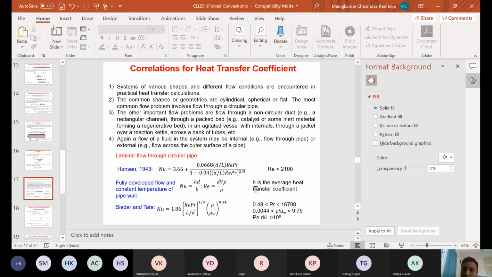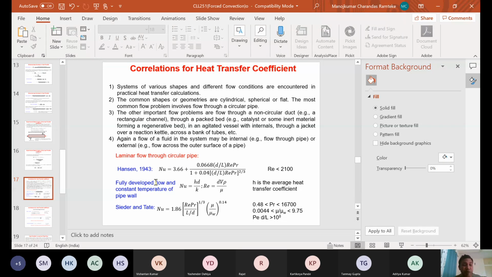So remember, these correlations are not arbitrary. This Nusselt number equal to 3.66, we can analytically prove. In fact, I will give you one such proof maybe in the next class, so that you will appreciate that for these correlations, even though the Buckingham Pi theorem says that the Nusselt number should be related to the Reynolds number and Prandtl number, still some more physics is involved, because people have solved a simple problem analytically.